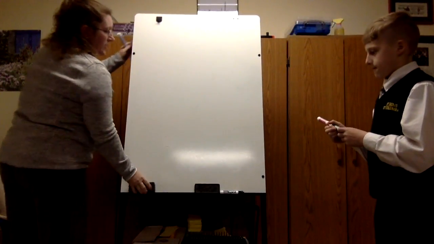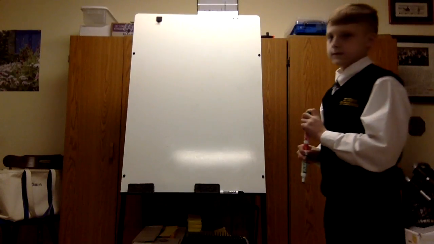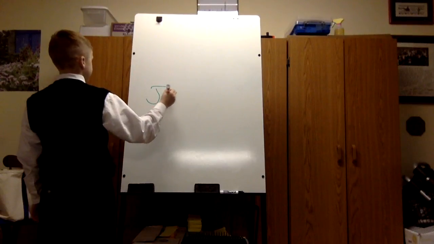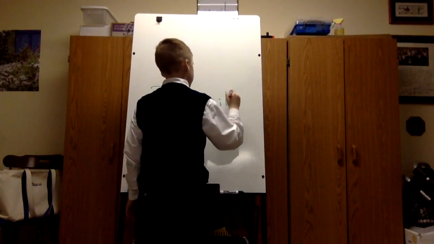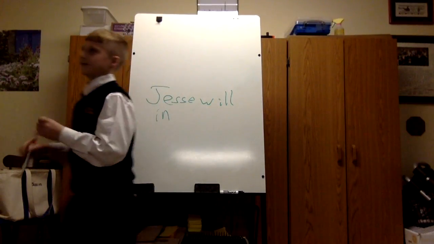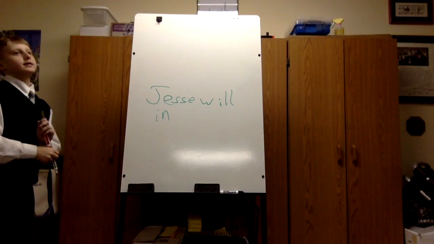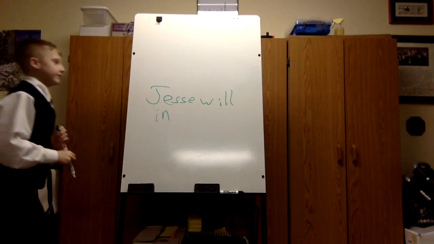All right, here's your whole sentence. You ready? Yep. Jesse will invade the infection. Wait, what's your whole sentence first? Jesse will invade. Oh, but you didn't say the whole thing. Fine. Jesse will invade the country. Jesse will invade the infection. Infection.